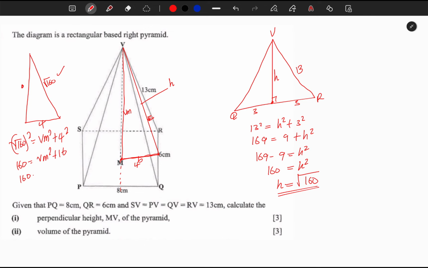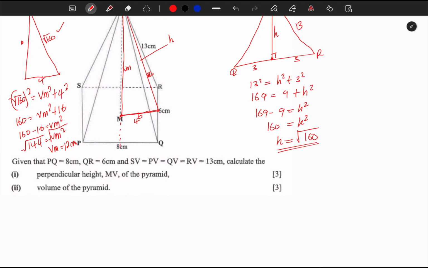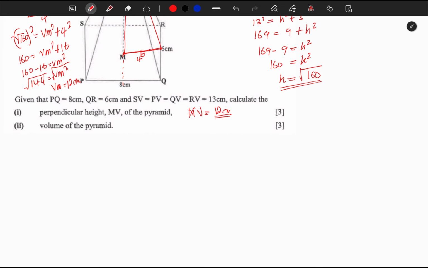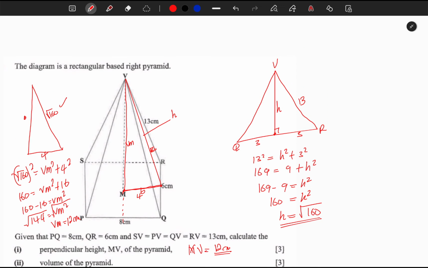So 16 goes there, we get 144 is equal to VM squared. Introduce the root, you get VM as 12 centimeters. So we found that here V or MV is fine, it doesn't matter. It's 12 centimeters. All right. So this is the one approach.